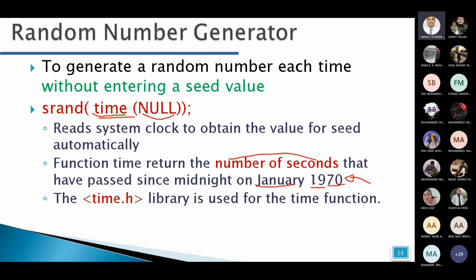This means the number of seconds now is different than after 1 second, and different than after another second, and so on. So every time you will get a different number as a seed for srand.